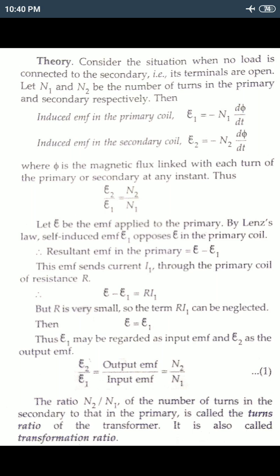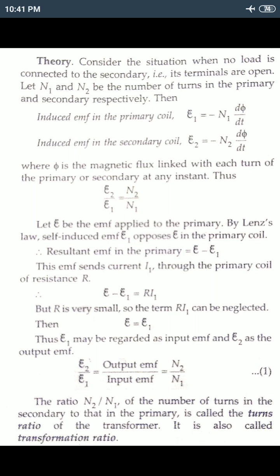Thus, if we divide these two equations, E2 by E1, the minus cancels, so we get N2 by N1. This is one relation. And if E is the applied EMF to the primary, by Lenz's law the self-induced EMF E1 opposes E.